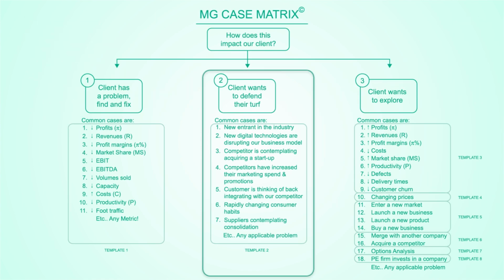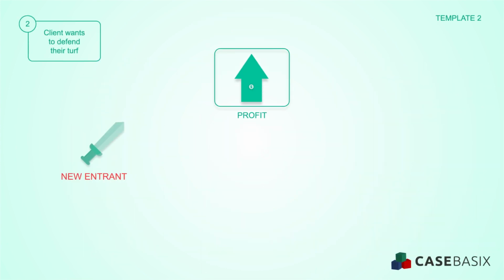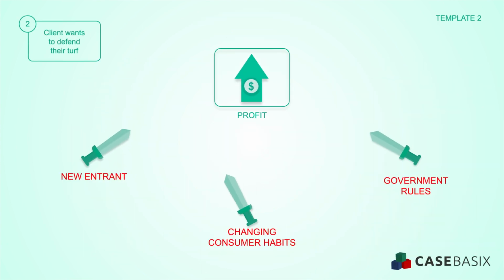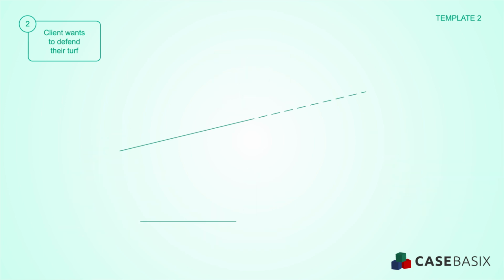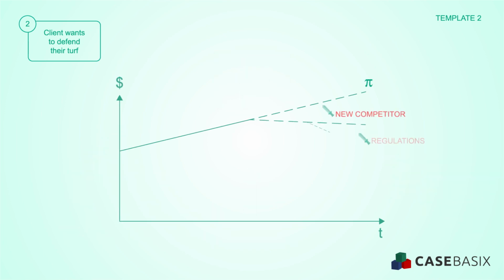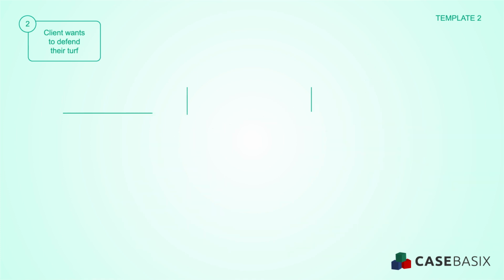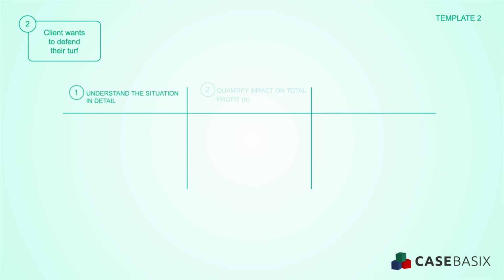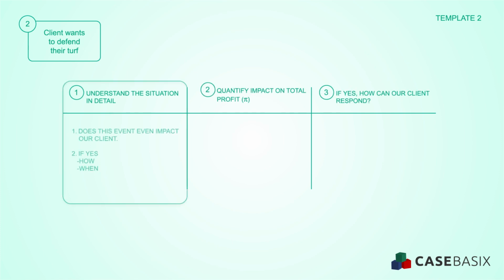The second category is a situation when the client needs to defend their turf against a perceived threat to their profit stream. Anything that can negatively impact the profit stream is a potential threat that needs to be investigated and in some cases neutralized. The template or shell structure for this category of question is as follows. We recommend keeping the first bucket because generally there are details that need clarifications beyond the initial questions that are asked as part of a case opening.